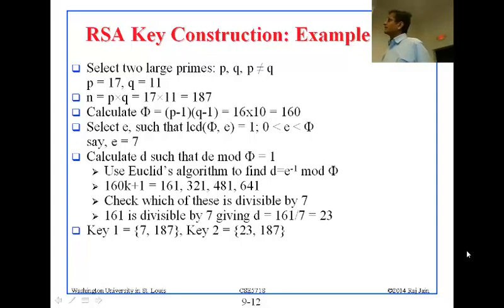So let's say we selected 7. Now this is your choice. You could have selected something else, but you selected 7. 7 is relatively prime to 160. Now you calculate D, which is the inverse of 7. So we want to calculate D, the inverse of 7 mod 160.